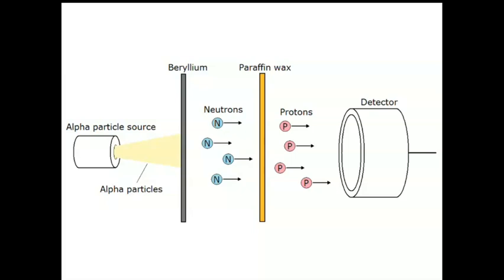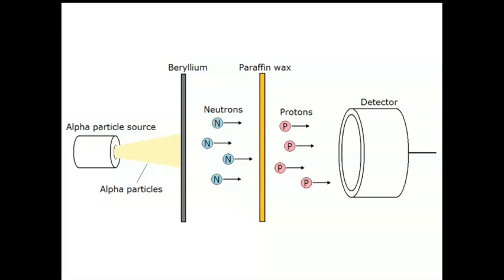That means from there he concluded that the neutrons were released by the beryllium foil. And these neutrons do not carry any charge, they are neutral particles, but for sure they carry mass, which is almost similar to the mass of proton.